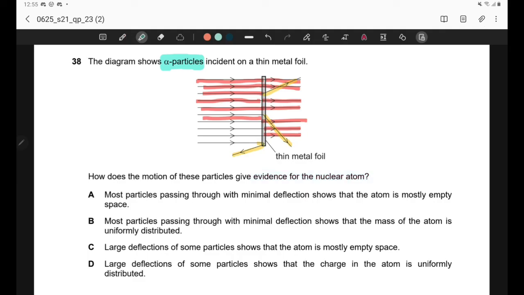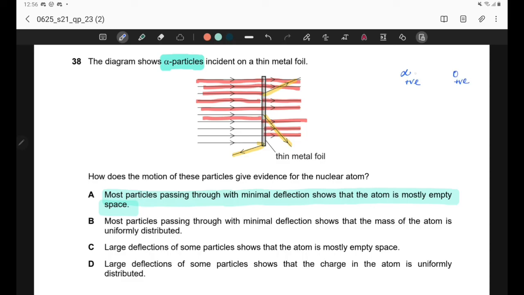Option A says most alpha particles passing through with minimal deflection shows that the atom is mostly empty space. And this statement is correct, as we know that the alpha particle is a positively charged particle and the nucleus in an atom is also positive.